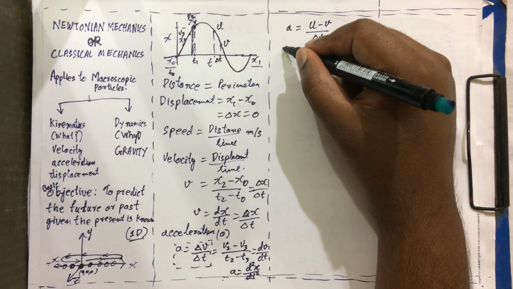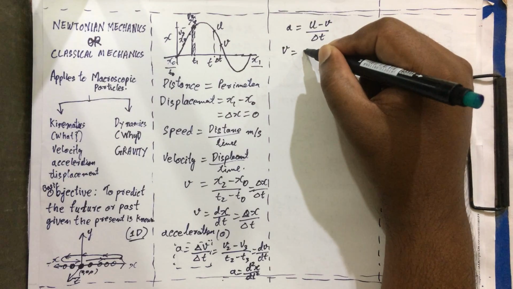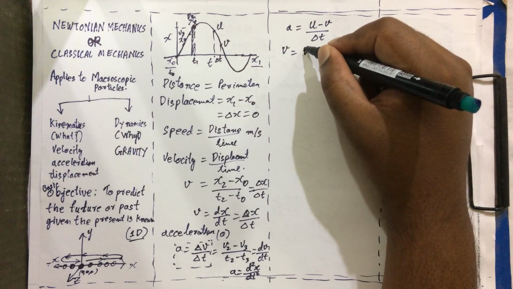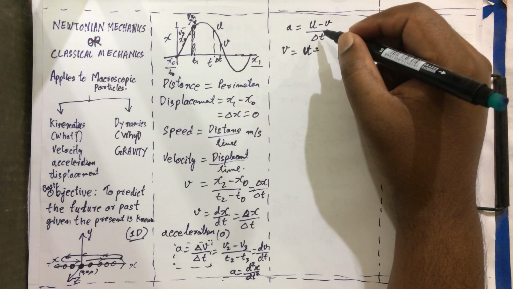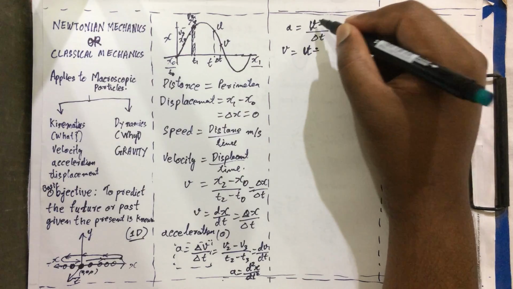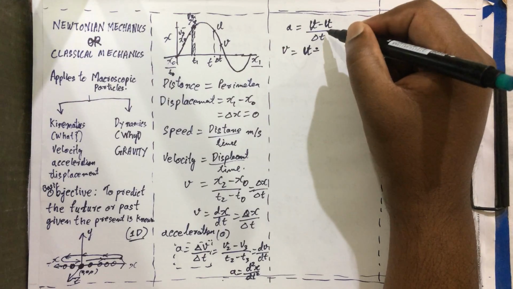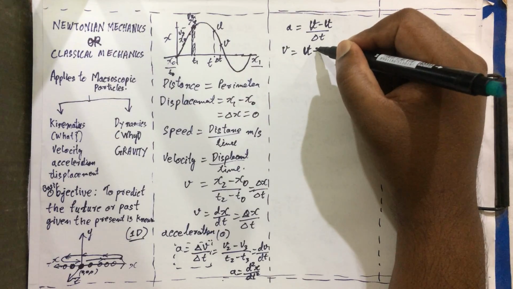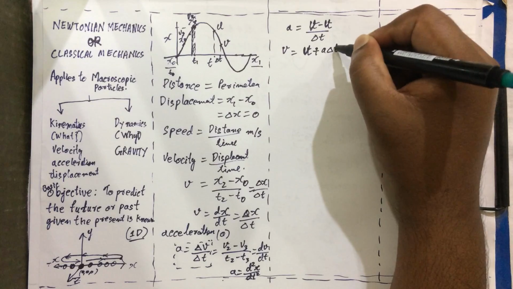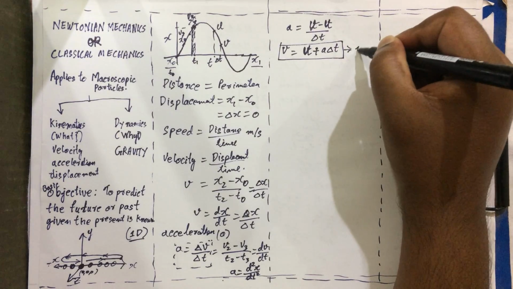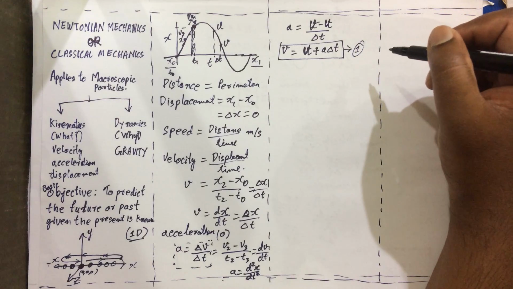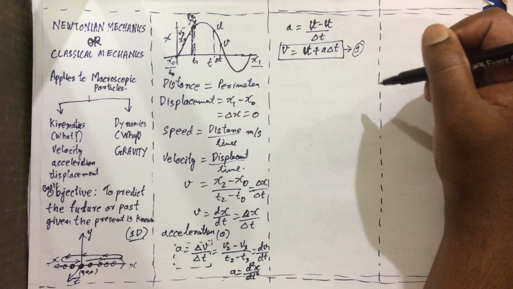From here you can find out that v minus u equals a delta t, so v equals u plus a delta t. This is Newton's first equation of motion.